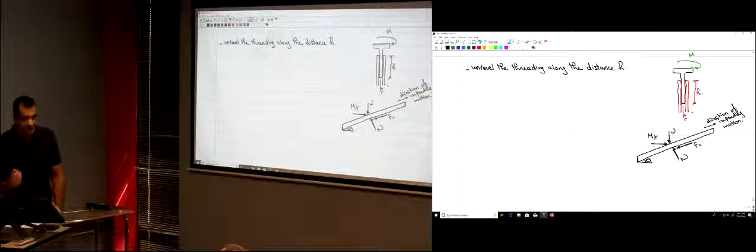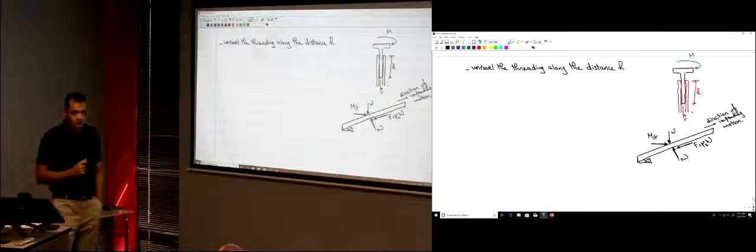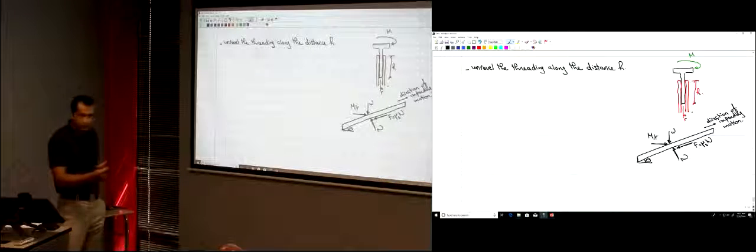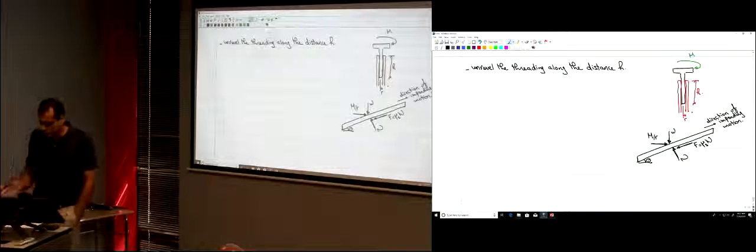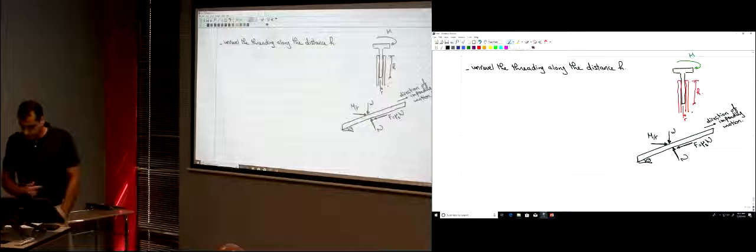It's the static frictional force, mu S N, because you're on the verge of equilibrium. You need the moment M to start the rotation. So if this angle is theta, from trigonometry, this is theta as well.